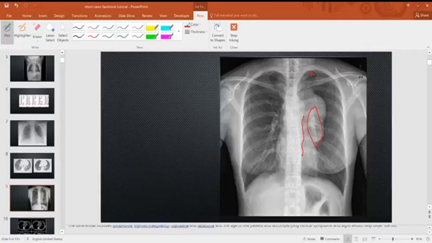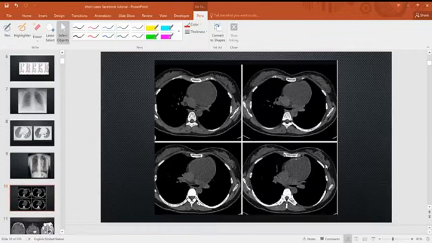So the mass is anterior, and we have the CT scan of this patient.